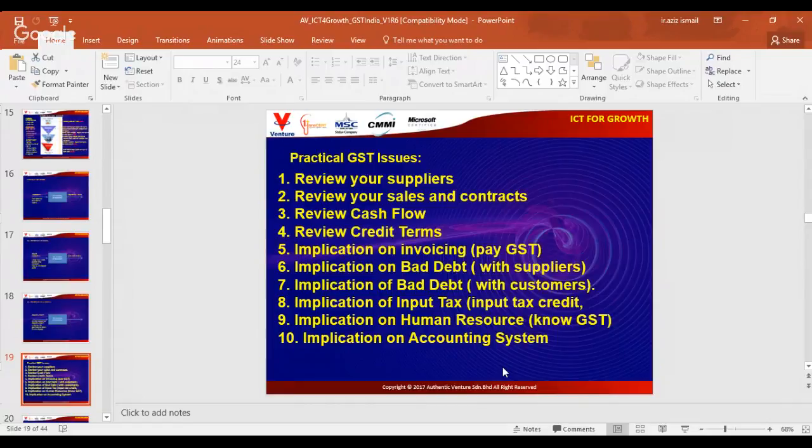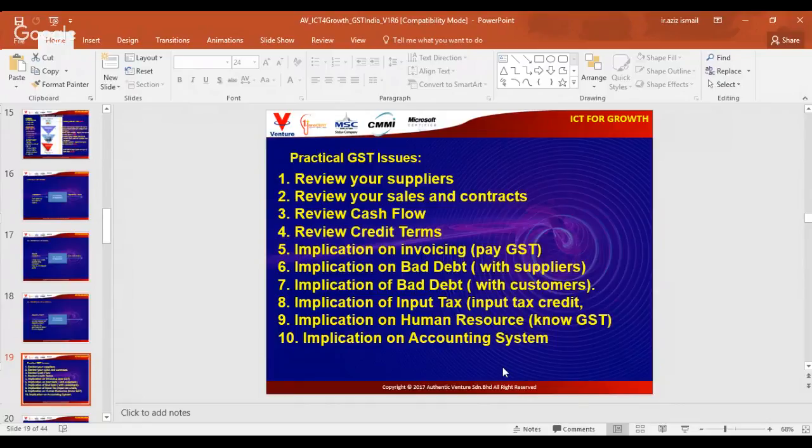Implication on the input tax credit: for example, if your supplier has not submitted the tax to the government, you cannot claim the input tax. How do you check that? The GSTN network will show you how to do it.